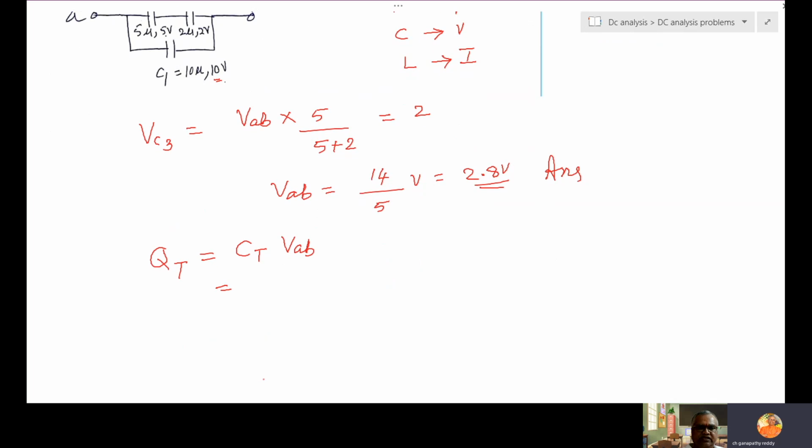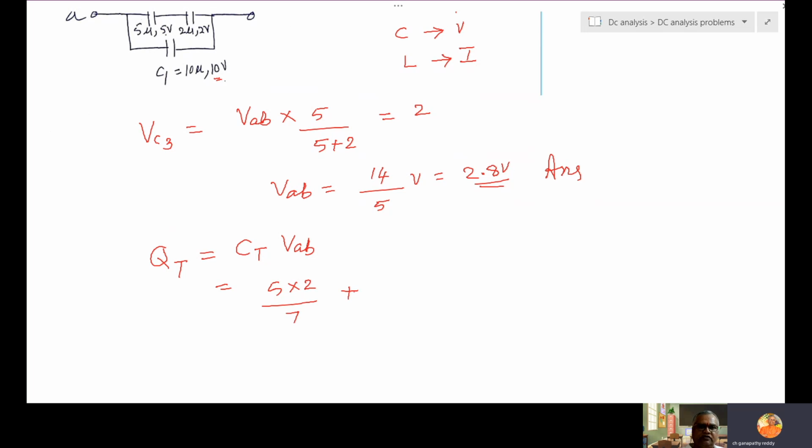C2, C3 series. That means 5 into 2 by 5 plus 2, plus 10. VAB is 2.8. 2.8 is nothing but 14 by 5.